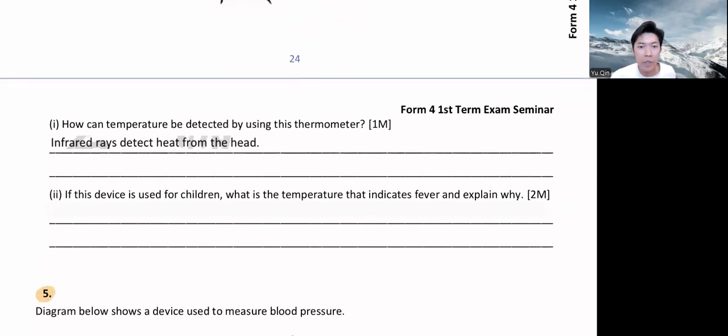Okay, so if the device is used for children, what is the temperature that indicates fever? So very simple, our body temperature is 37. Anything higher than that is fever. And why fever? So it's not in the syllabus, but let's talk about it. Fever is not the bacteria or the disease that causes you fever.